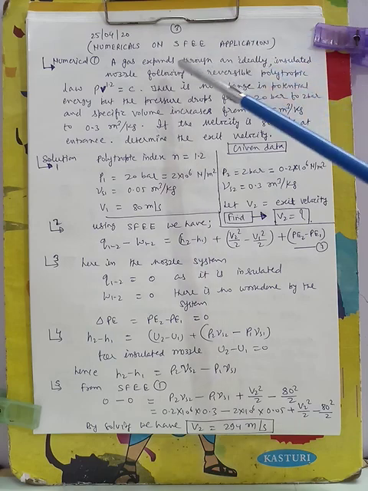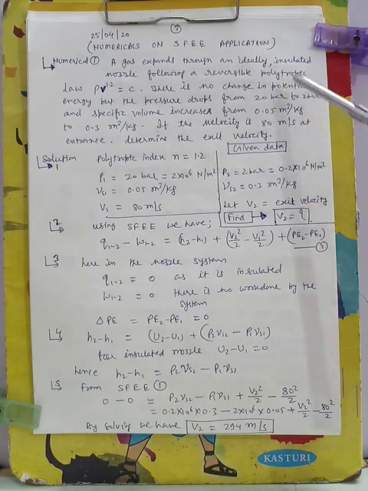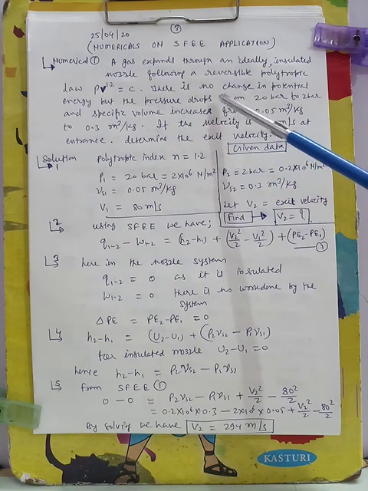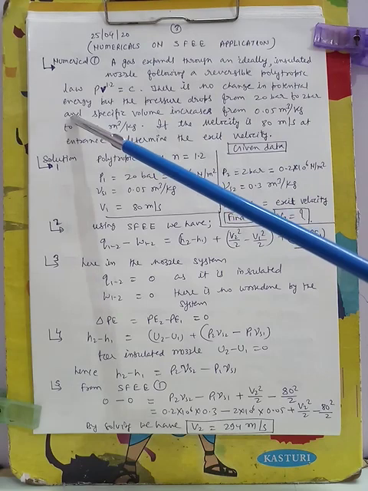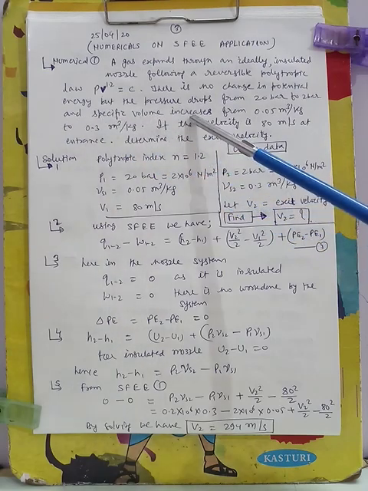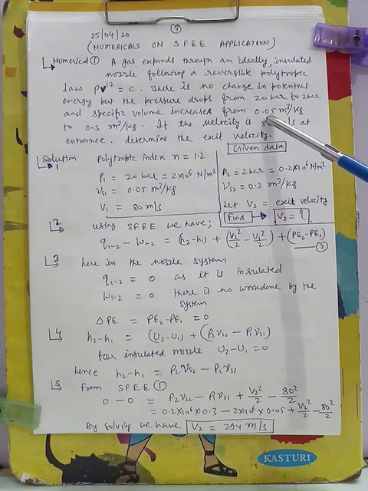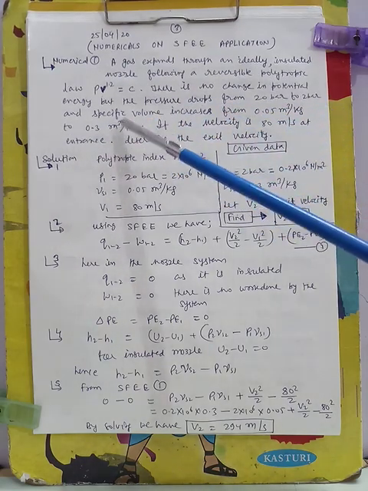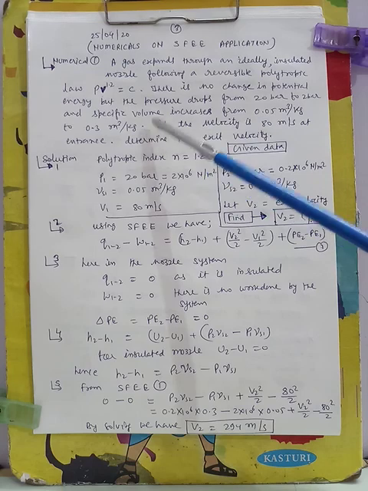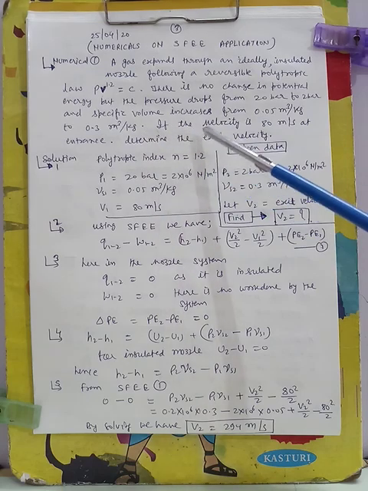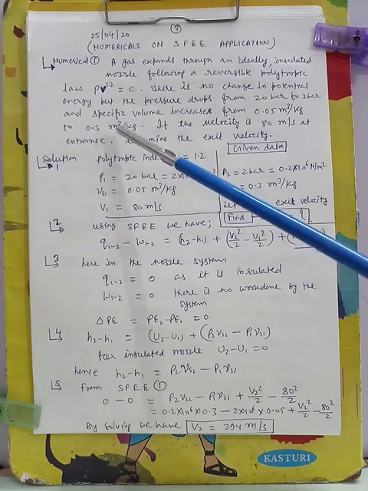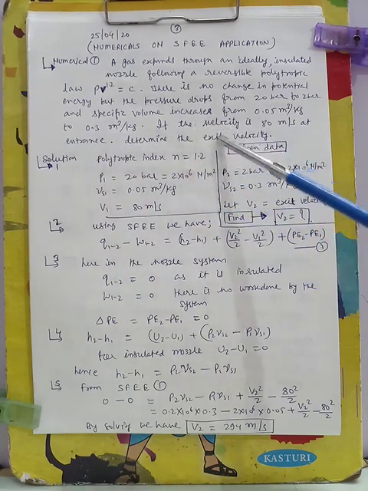There is no change in potential energy, but the pressure drops from 20 bar to 2 bar and specific volume increases from 0.05 meter cube per kg to 0.3 meter cube per kg. If the velocity is 80 meter per second at entrance, determine the exit velocity.